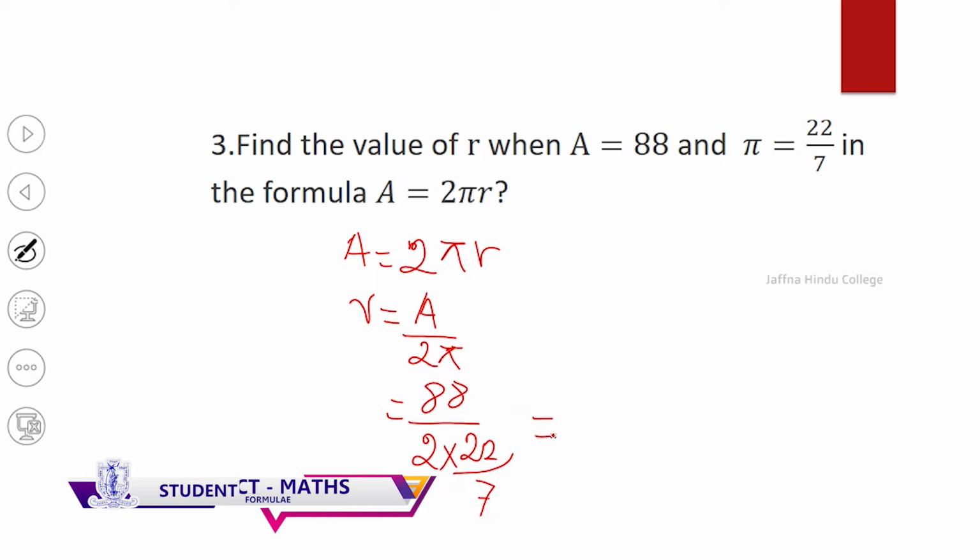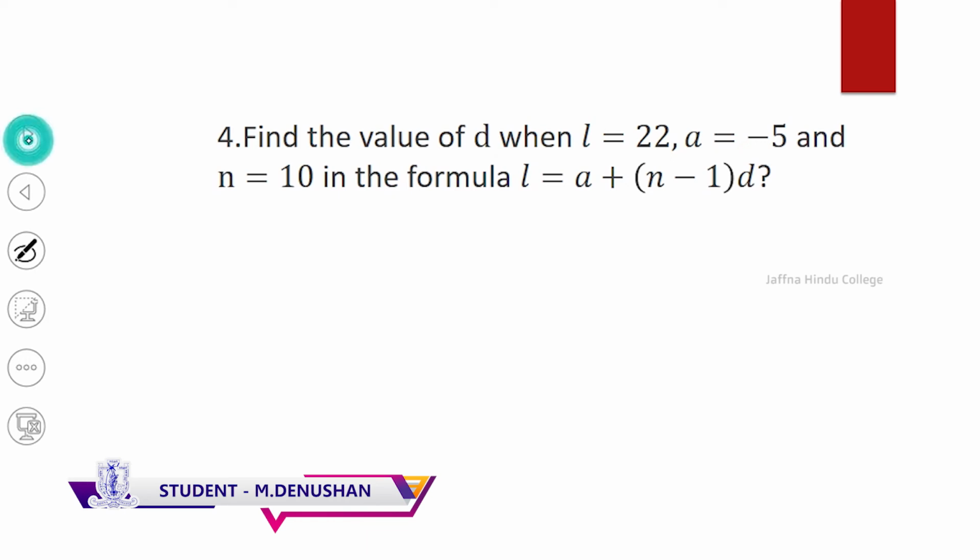By simplifying we obtain 2 into 7. The answer is 14. Therefore r is equal to 14.